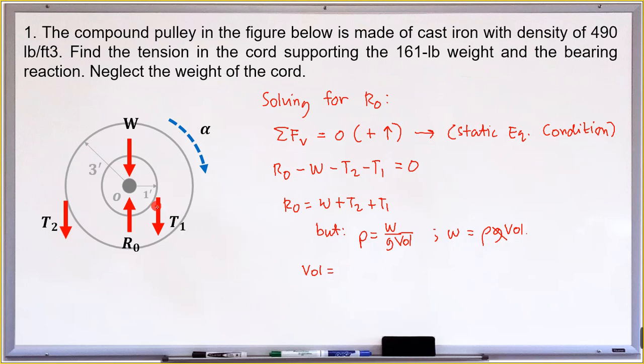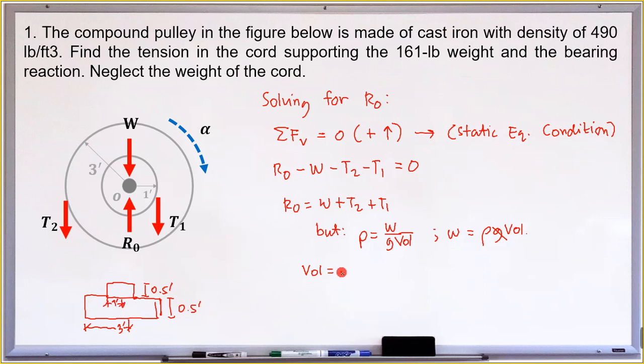The volume is actually two cylinders. We have the inner cylinder if we draw its cross section. Again, this is 0.5 feet and this is 1.5 feet. So two cylinders with different radii. This is 3 feet, I mean 3 feet. This is 1 foot.